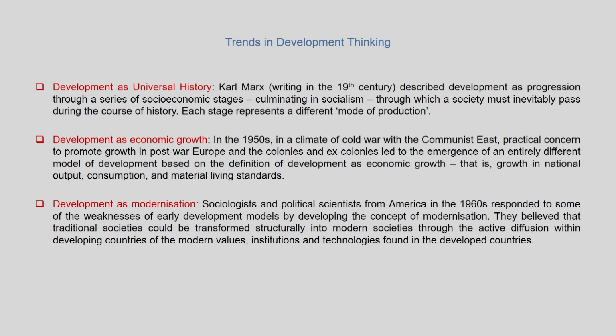Each stage represents a different mode of production, which is nothing but a different type of relationship between people and resources in the production process. And in this kind of development, which is shown as universal history, the agent of change is basically class conflict, which eventually leads to the end of one stage and the start of another.